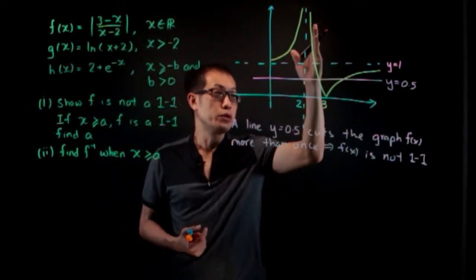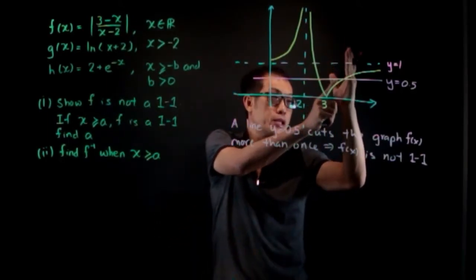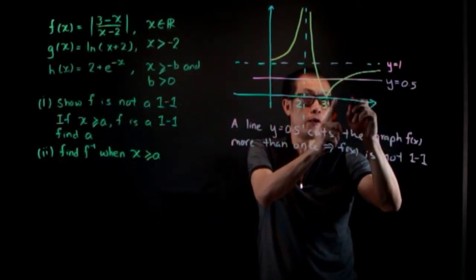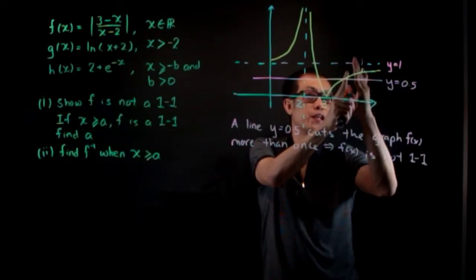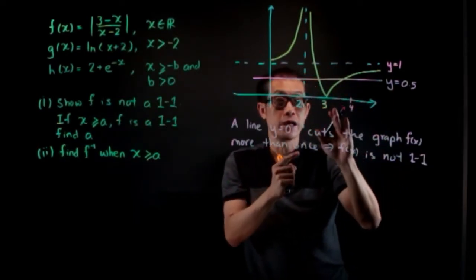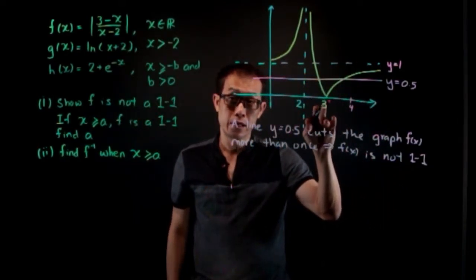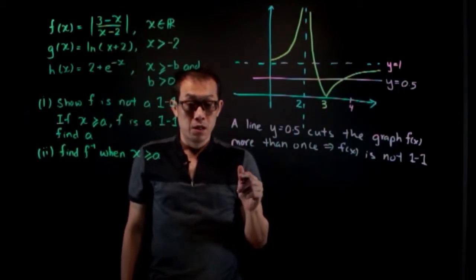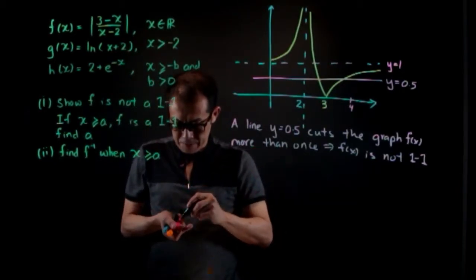If we take for example this part of the graph, let's say this is 4, you find that when x is greater than 4, it's a one-to-one. But you want the least, so it will be 3. So a is equal to 3.